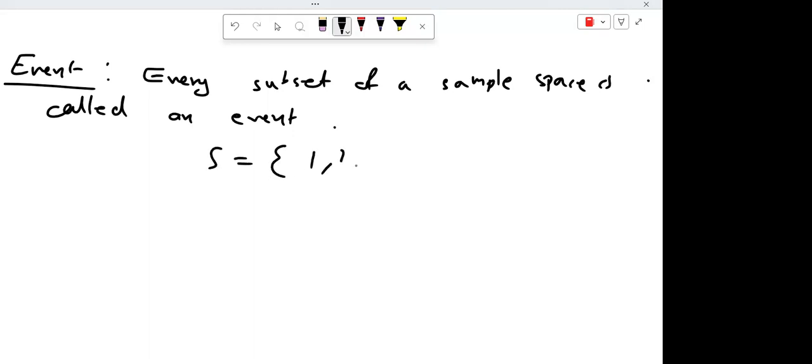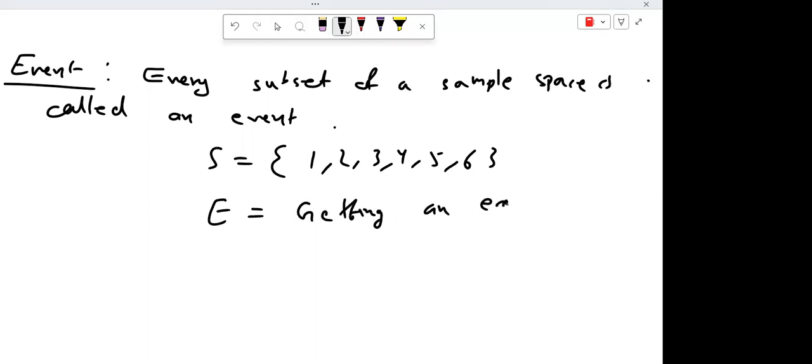S is equal to {1, 2, 3, 4, 5, 6}. Suppose this is the sample space, then an event can be getting an even number. Any subset that you take from the sample space is called an event.